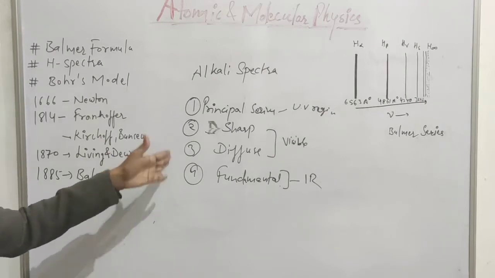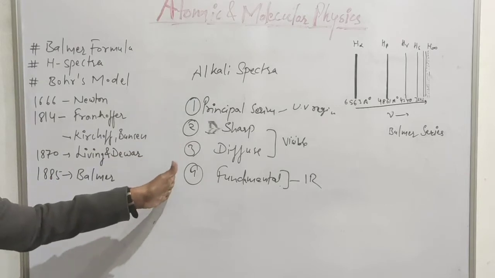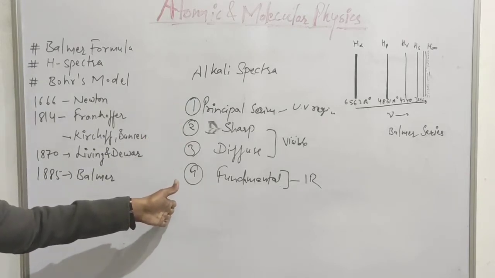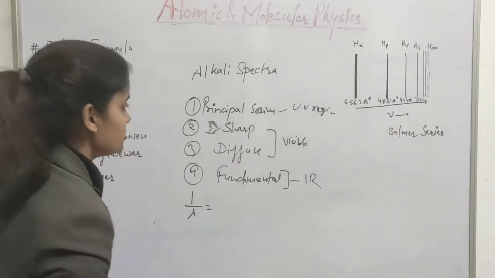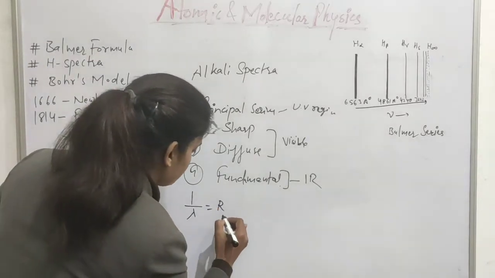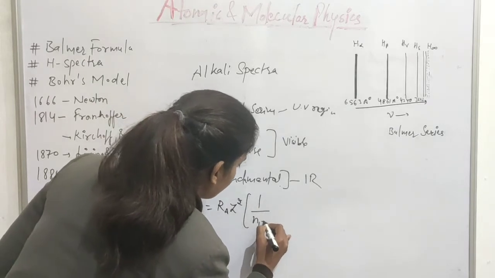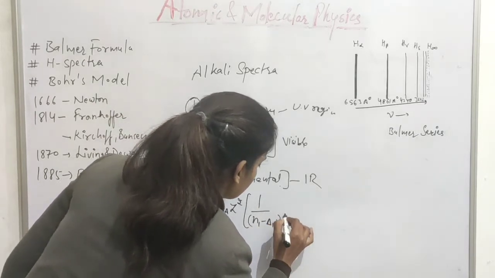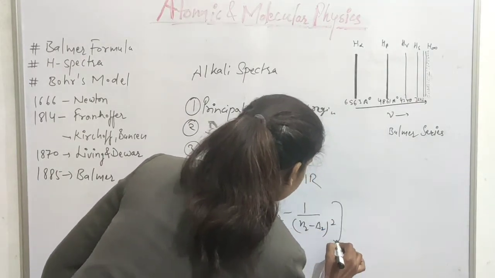It was found that in the case of alkali elements, there were also some patterns in the spectral lines, and the formula for the calculation of wavelength of alkali atom spectral lines was given by Rydberg as 1 over lambda equals R_a Z squared times (1 over (n1 minus delta 1) squared minus 1 over (n2 minus delta 2) squared).